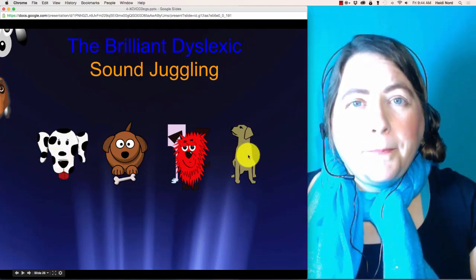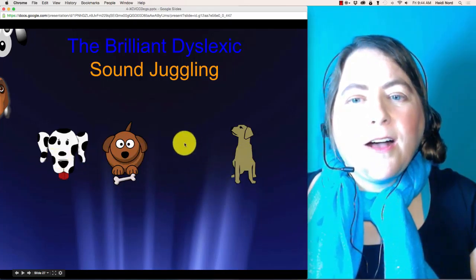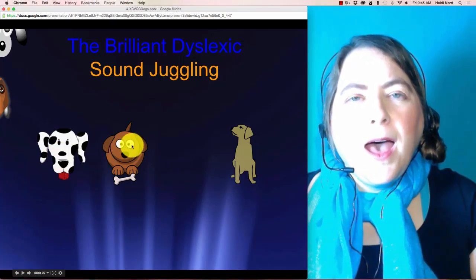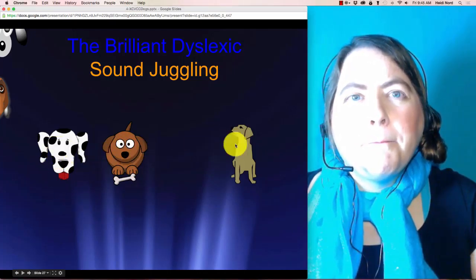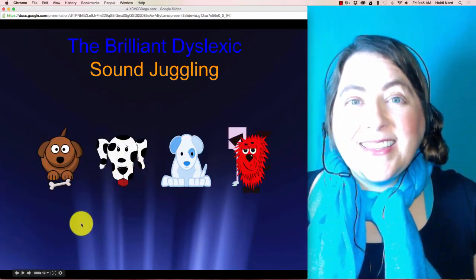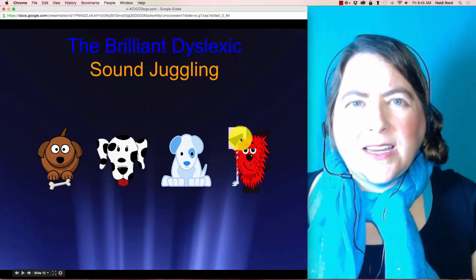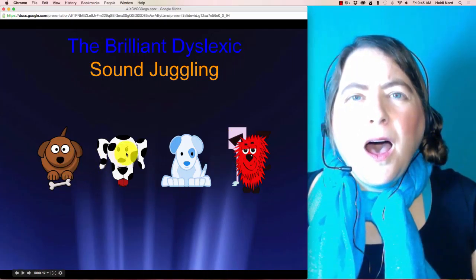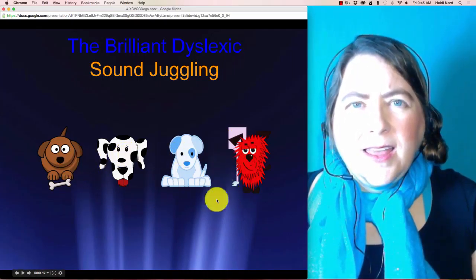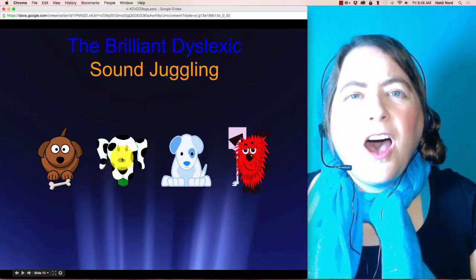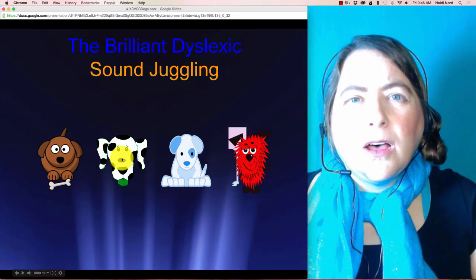In bump, what if I take off the m? Then you're left with bup. This next one is alt. Alt. In malt, what if I change the ah to o?